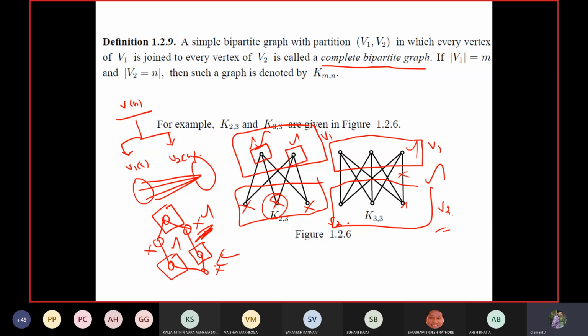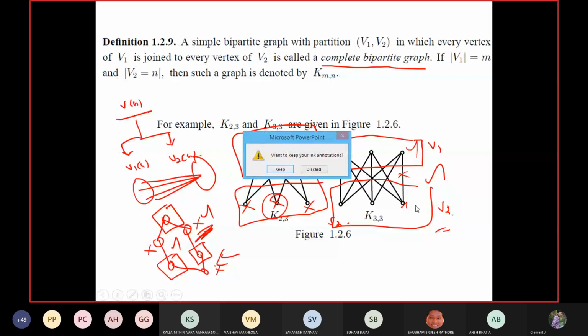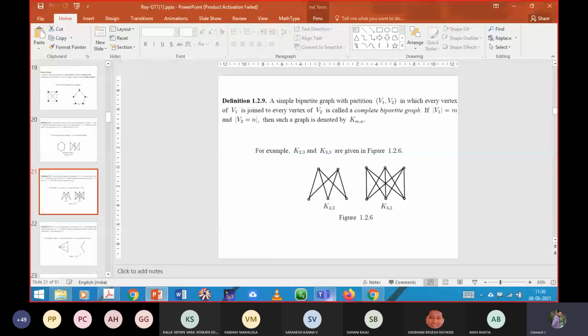If it fails for even one edge, I should not call it a complete bipartite graph. So that's the definition. Have you understood this example? Is it clear? Yes, sir.